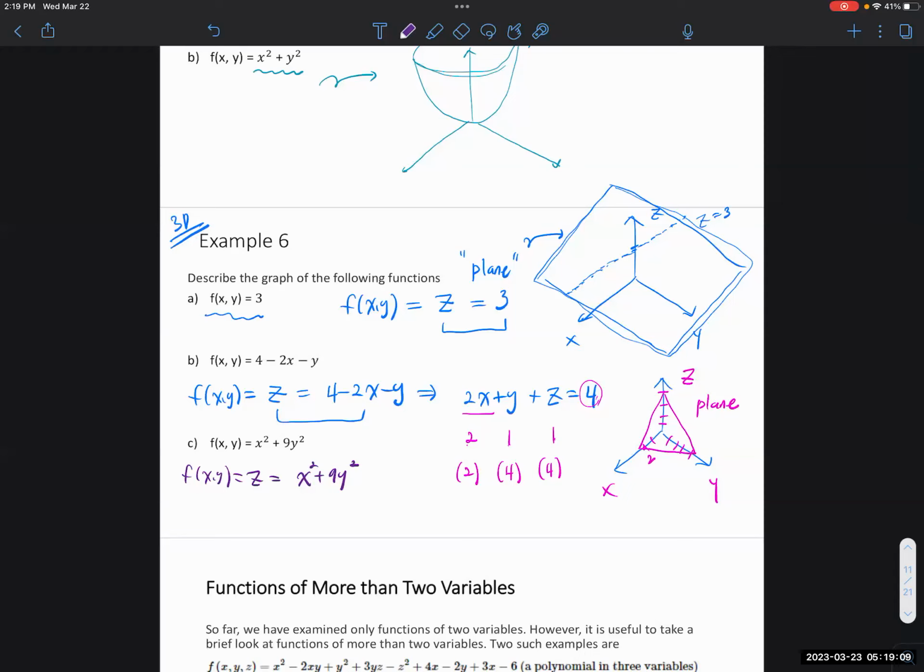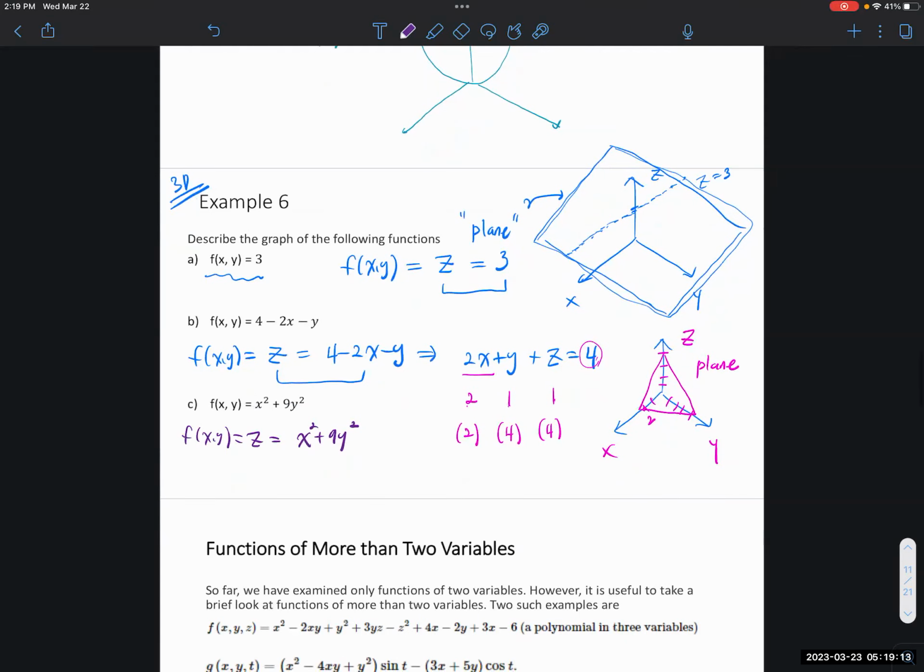So if you remember the quadratic plane, this is the ellipse shape. If you draw that image, with x, y, z axes, the z direction is going to be open.